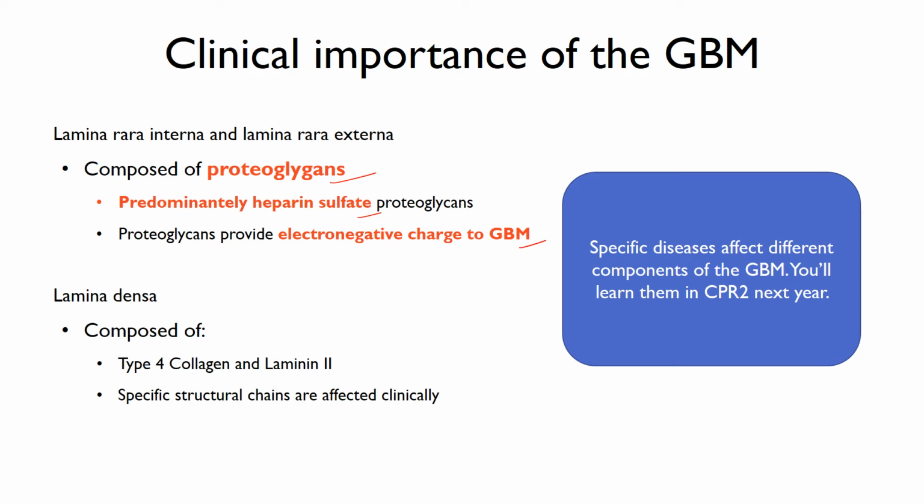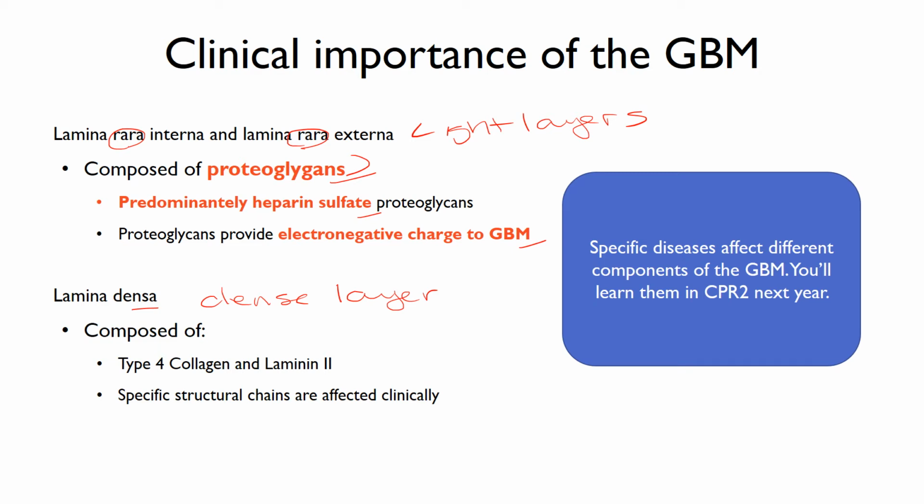The lamina rara interna and the lamina rara externa. So these are those rara, the light layers. They are made up of proteoglycans. So their chemical structure is a little different than the lamina densa, or that dense layer. And that's why it looks a little different on electron micrographs.